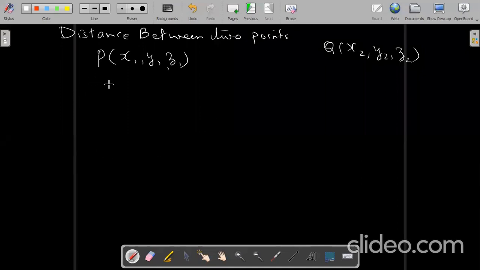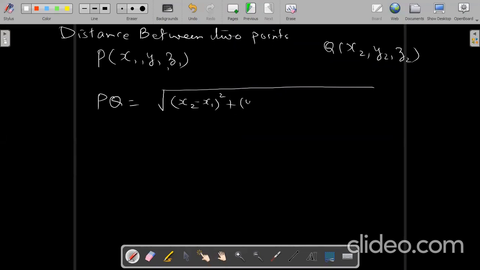So here the distance PQ will also include the z coordinate: square root of x2 minus x1 whole square plus y2 minus y1 whole square plus z2 minus z1 whole square. So this is the first formula.